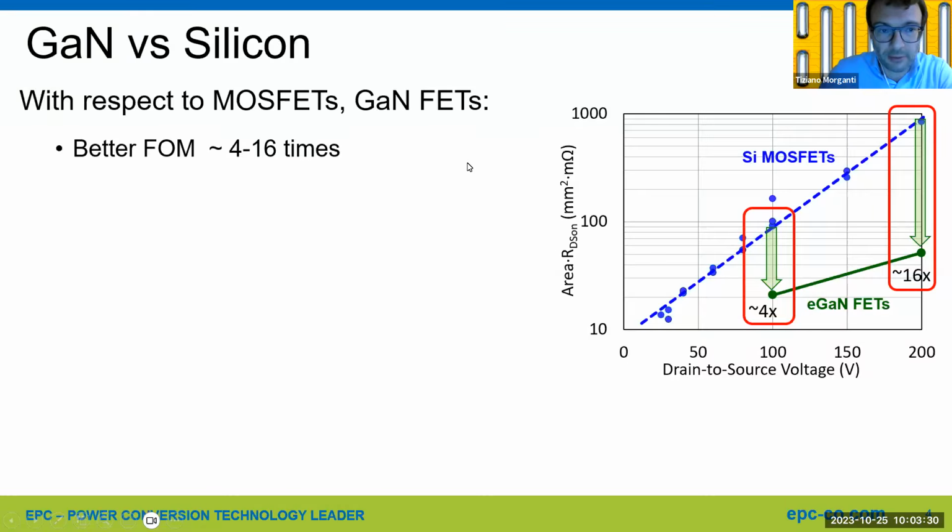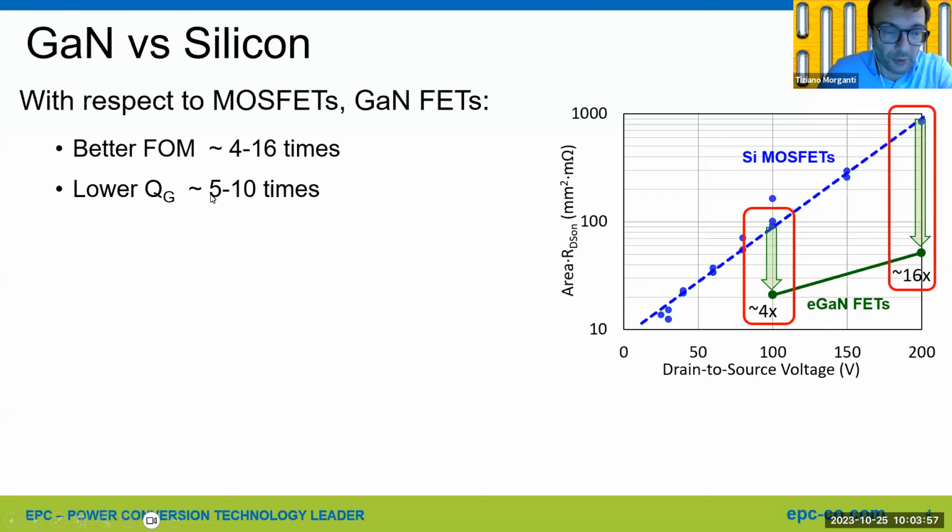Depending on the voltage level, in the 100 volt VDS ratings range, we have about 4 times smaller devices compared to silicon. In the 200 volt, we have 16 times smaller devices compared to silicon, same RDS(on).